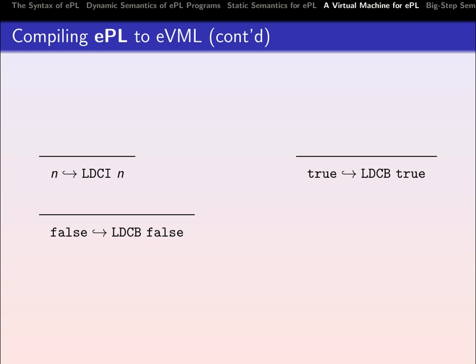Now I have times 3. So 3 compiles to LDCI 3, right? So I'm going to draw the line. And 1 plus 2 times 3 compiles to whatever I've written here. So I'm going to call this sharp, the sharp expression.